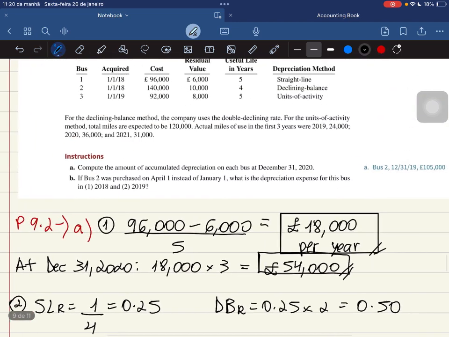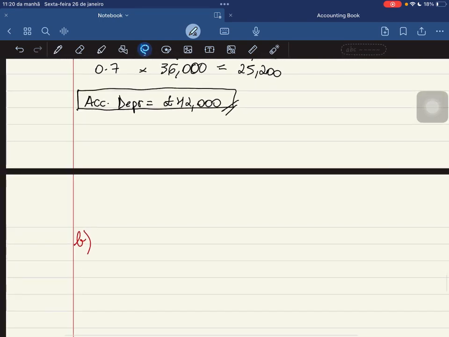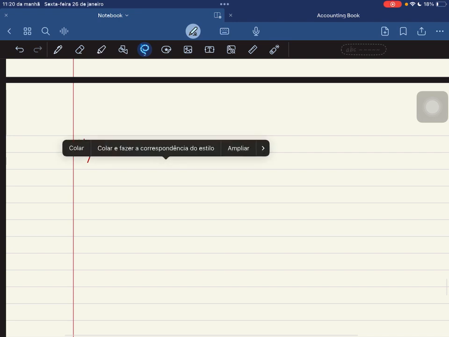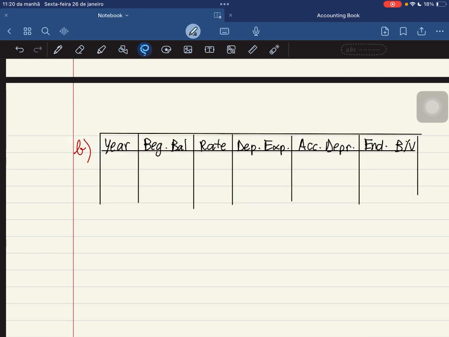What about letter B? If bus 2, the one that uses declining balance, was purchased on April 1st instead of January 1st, what is the depreciation expense for this bus in 2018 and 2019? Again, you don't have to make a table like I will, but I recommend it, because it will look more organized.